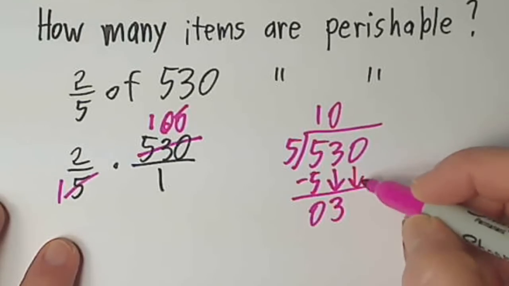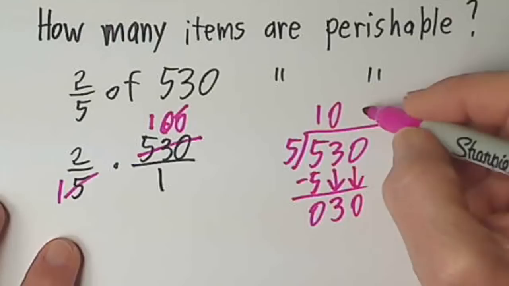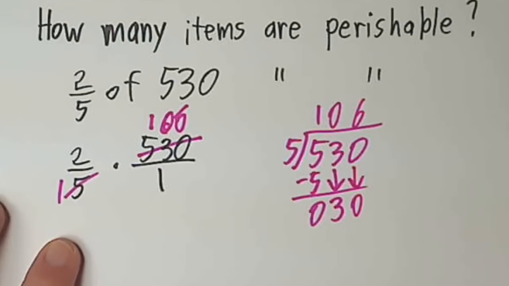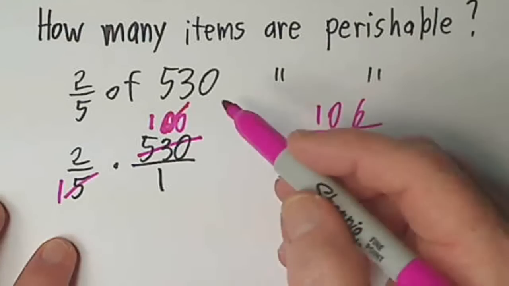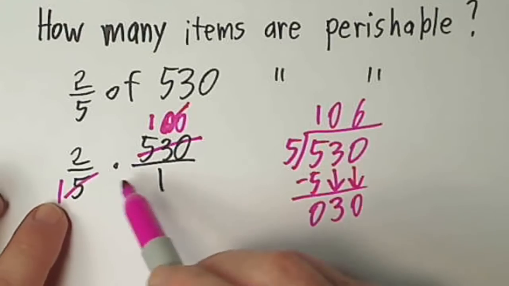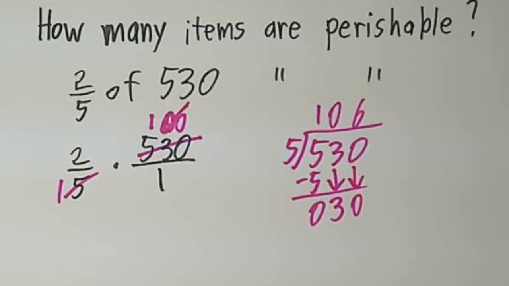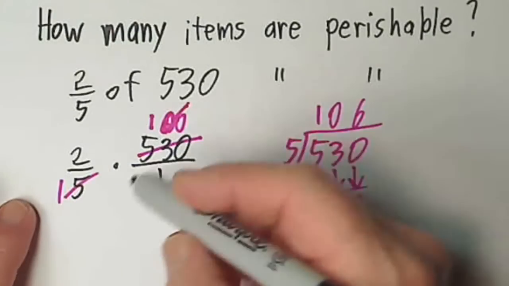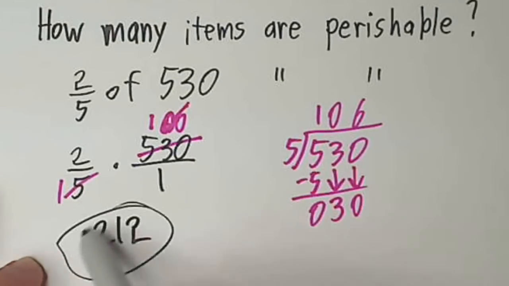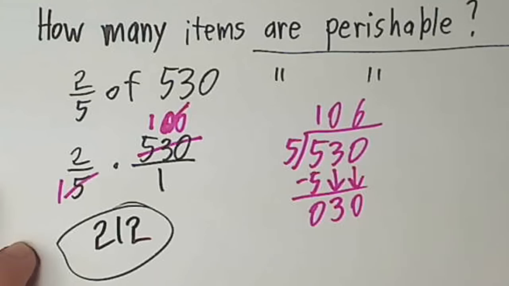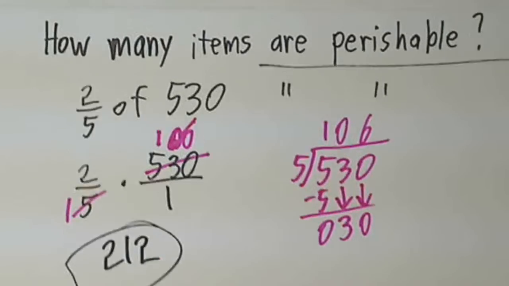And then I'll bring down the next digit. 5 goes into 30 6 times. All right. So this is supposed to be 106 up here. These are ones in the denominator. I don't have to pay attention to them much anymore. 2 times 106 is going to be 212. 212 items are perishable, so look out.